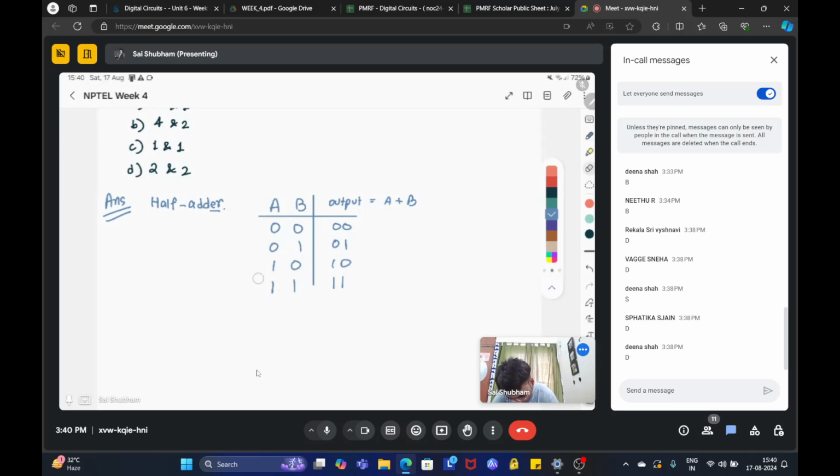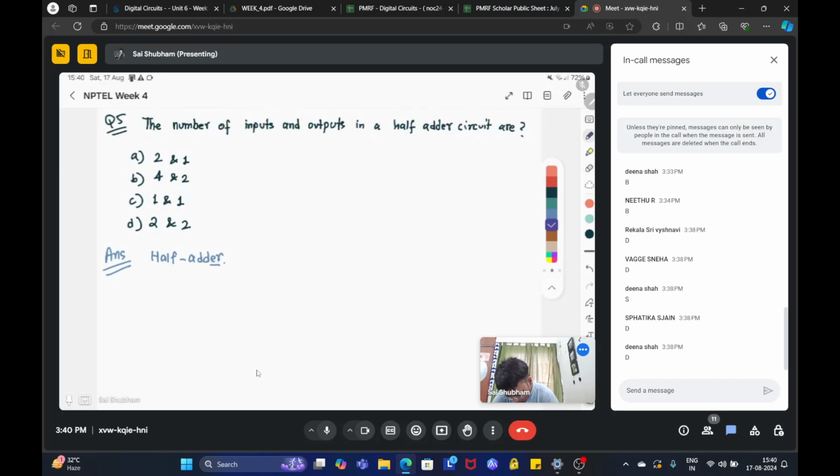This is actually very wrong. So if I add two 1-bit numbers, my output will be a 2-bit number, right? So that is the maximum it can go. So I will have two inputs and two outputs. Fine.